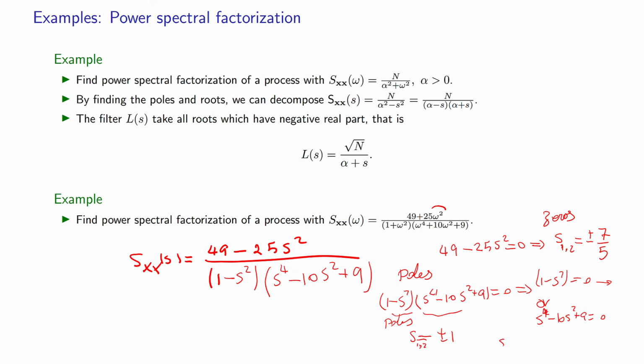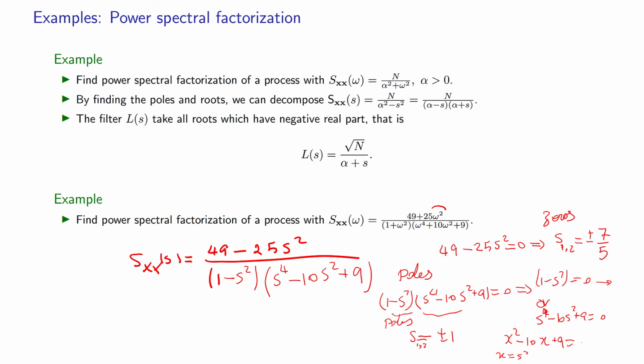The second equation is a second order polynomial in terms of s squared. So you know how to solve a second order polynomial. You could replace s squared by x, and then you get x squared minus 10x plus 9, and remember that x is equal to s squared.